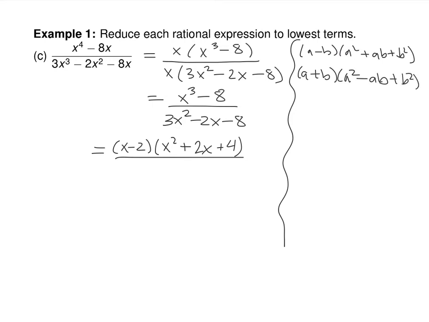What you have to do is use a equals x and b equals negative 2. That also works. Does that make sense? So if you have this formula, you plug in negative 2, you get x plus negative 2, which is x minus 2 like we got, right? And then you get a squared is x squared, right? Minus negative 2x, which makes positive, right? And then plus b squared, plus negative 2 squared makes 4.